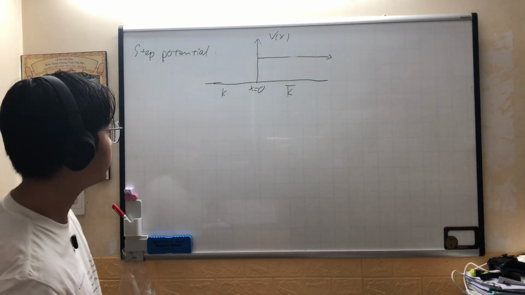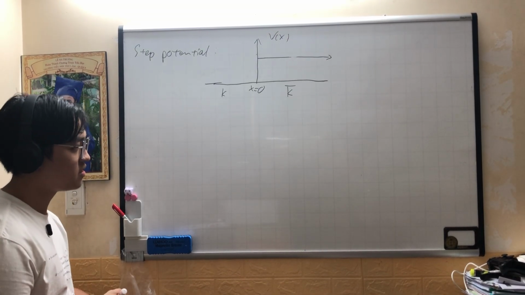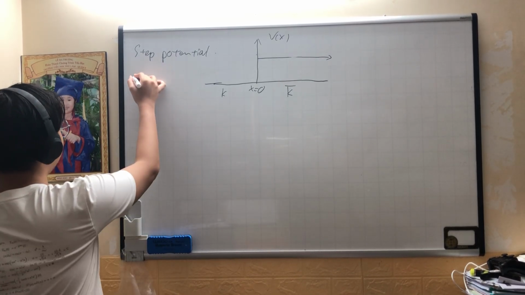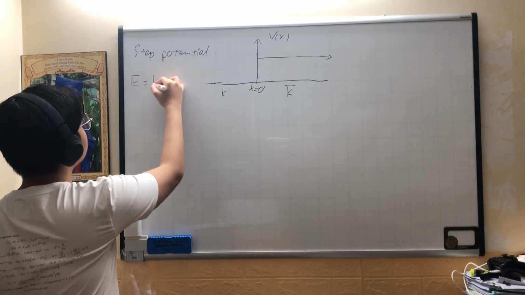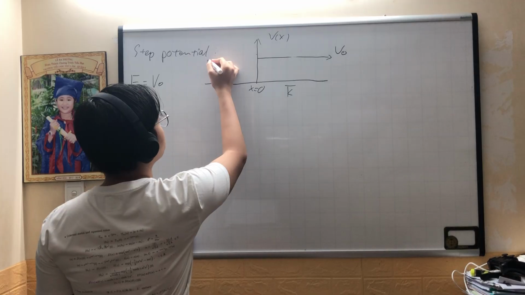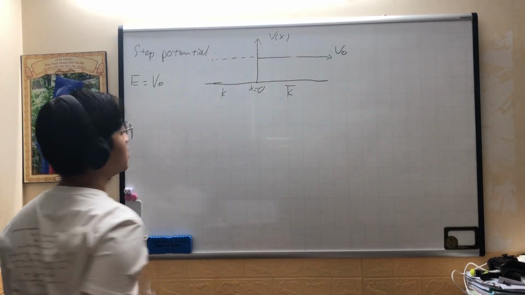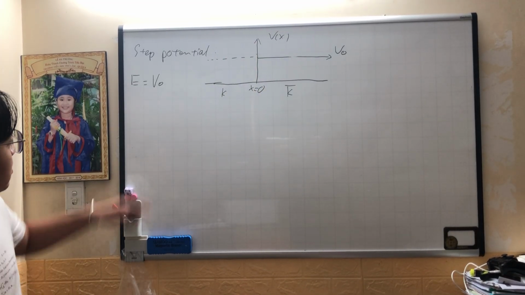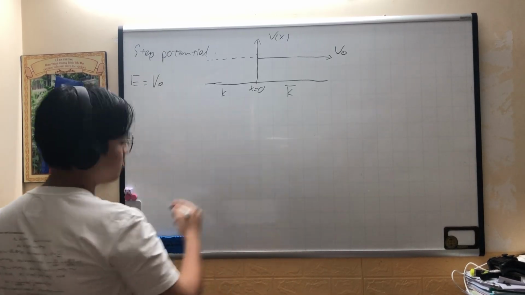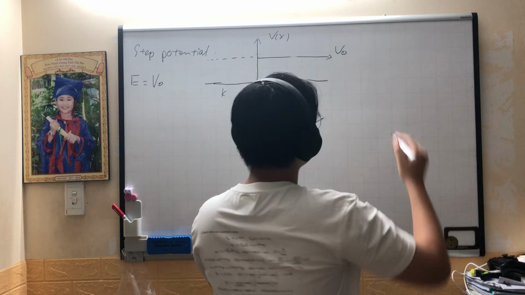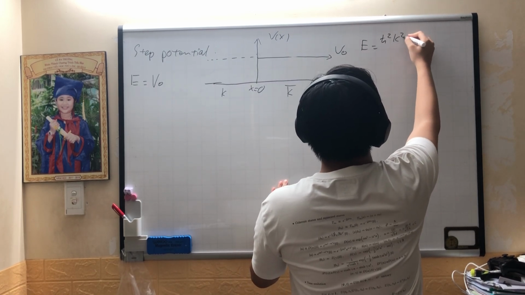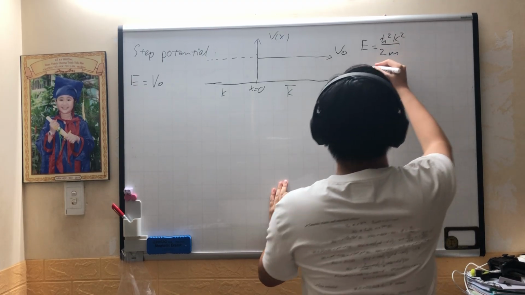Today we're going to continue the step potential and take a look at the case when your energy is equal to V naught. That means your energy would sit here. When E is equal to V naught, your E is h bar squared k squared over 2m.